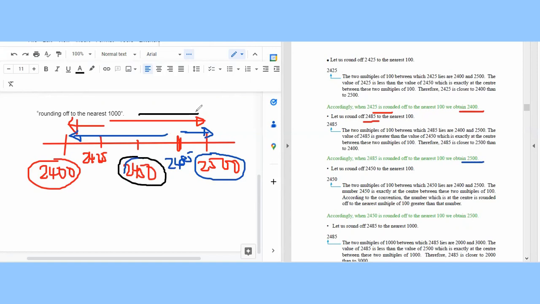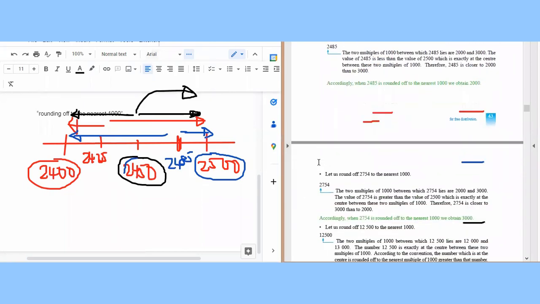So although it is at equal distance to the other two multiples of 100, what we need to do is get the next multiple of 100. So that is very important. Although it is exactly midway, we consider the next multiple of 100, that is 2500.